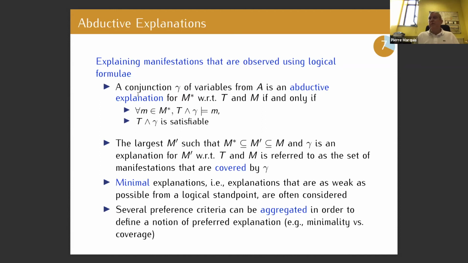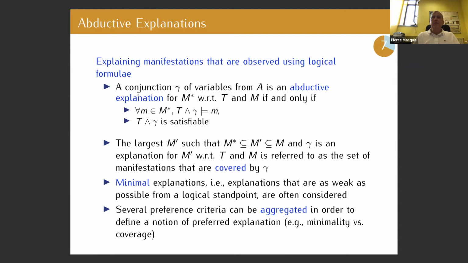What is an abductive explanation in this case? It is simply a conjunction of variables from the set of assumptions, such that this conjunction of variables is consistent with the domain theory, and together with the domain theory, it entails every manifestation to be explained. It is quite a standard model for logic-based abduction.